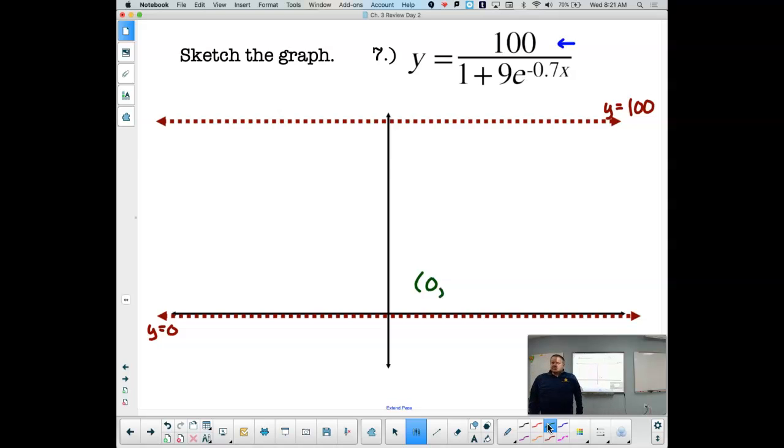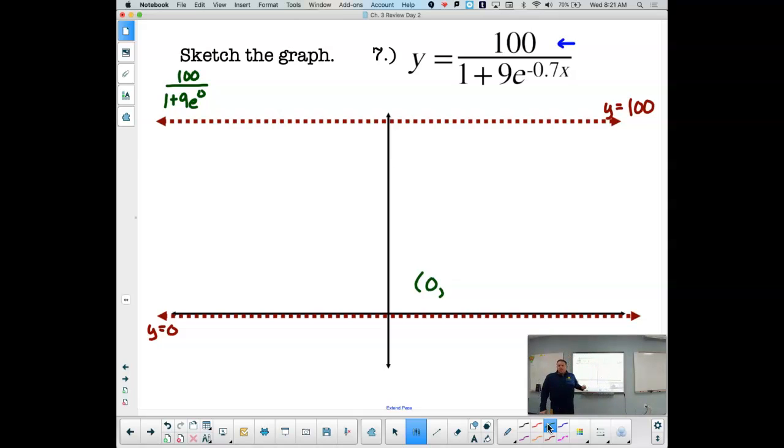It's the easiest one to find. If I plug in 0 for x, that's going to give me 100 over 1 plus 9 e to the 0 power, because negative 0.7 times 0 is 0.